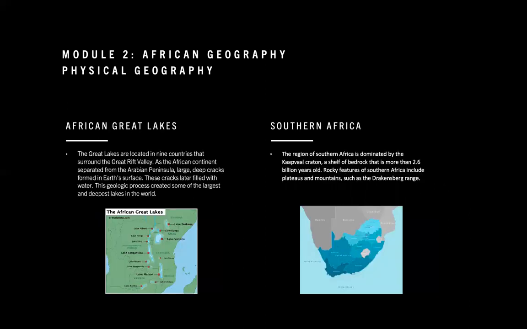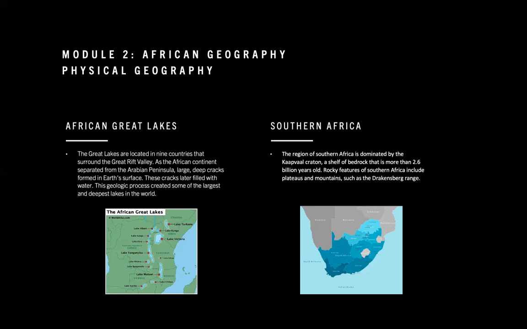Now, you have the African Great Lakes, comparable to the Great Lakes of North America. Here you can see large patches of inland bodies of water sitting right next to each other, that make up a very interesting portion of the continent.